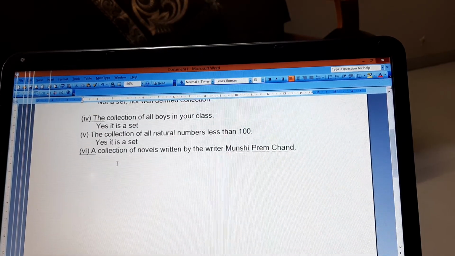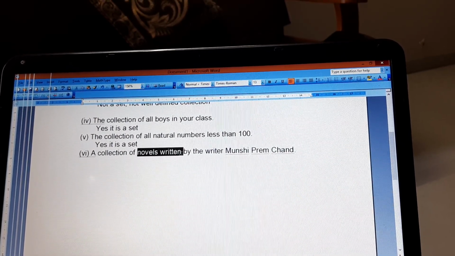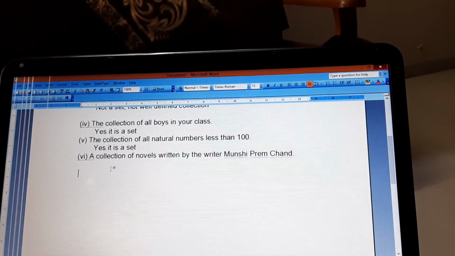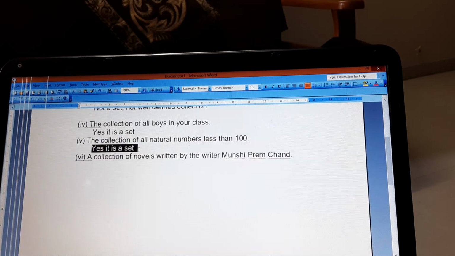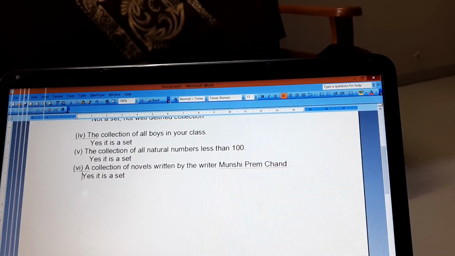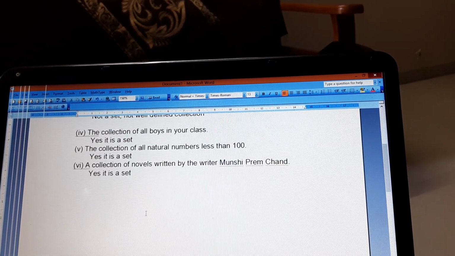And similarly here, next one more, novels written by writer Munshi Premchand, which also you can list out, all the novels. So the answer to this question is yes, again it is a set, because it is a well-defined collection. Now the remaining 2-3 questions you will try yourselves.